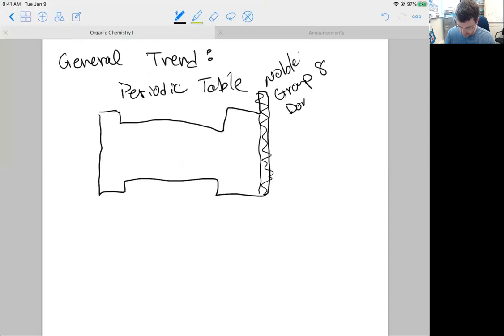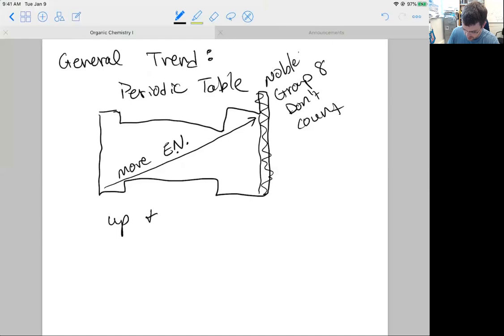These don't count in this trend. But after that, generally what you see is increasing electronegativity as you go up and to the right. So as you go up and to the right, you generally see more electronegative elements.